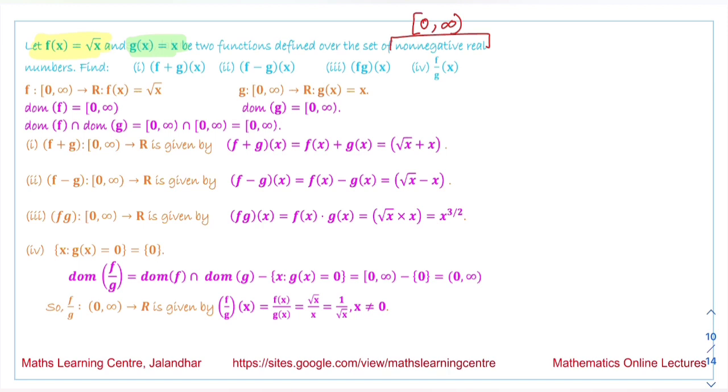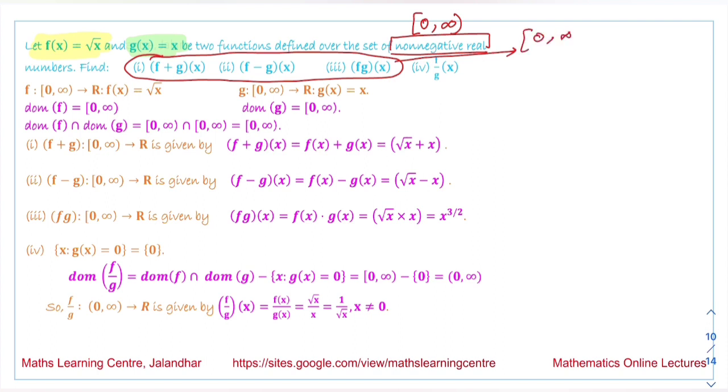Both these functions are defined for this. So the domain for the first three parts is 0 to infinity intersection 0 to infinity, which is equal to 0 to infinity. For the last part, we have to remove from this the elements x for which g of x is equal to 0.